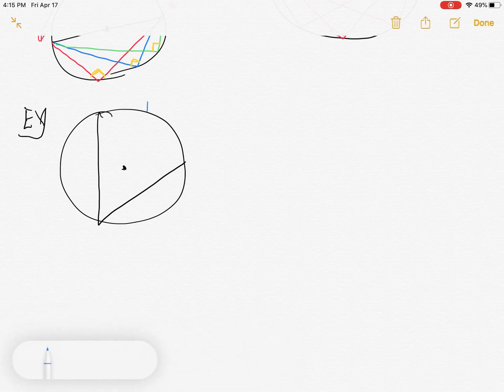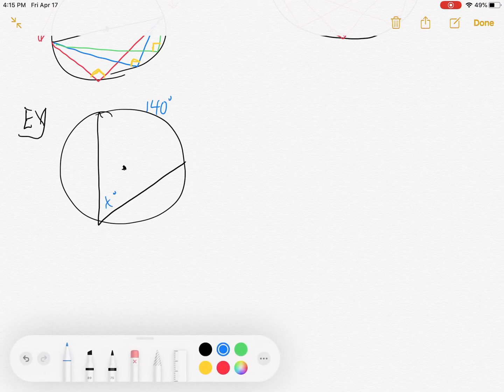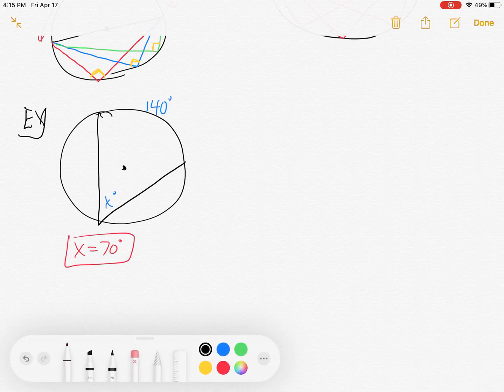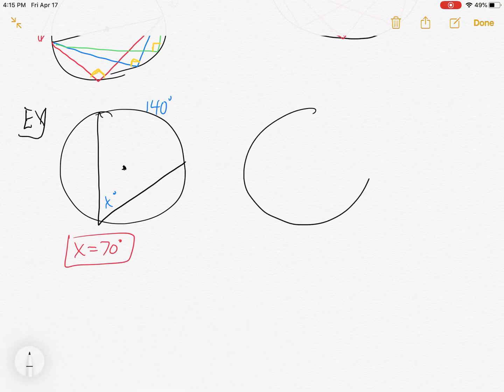An inscribed angle, again, the vertex of the angle is on the circle. So let's say this arc is 140 degrees, and we want to know what this angle is. What is it? 70 degrees, half the measure of its intercepted arc, right?